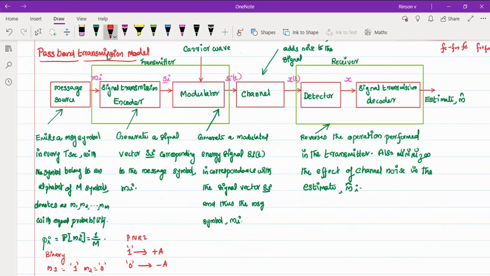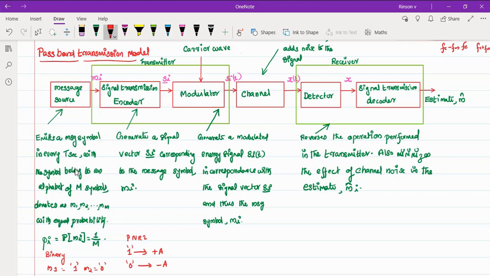Passband transmission model. Here I have a message source which has M message symbols to transmit, namely m1, m2, etc. up to mM. Now this message source emits one of these M message symbols in every T seconds with equal probability.